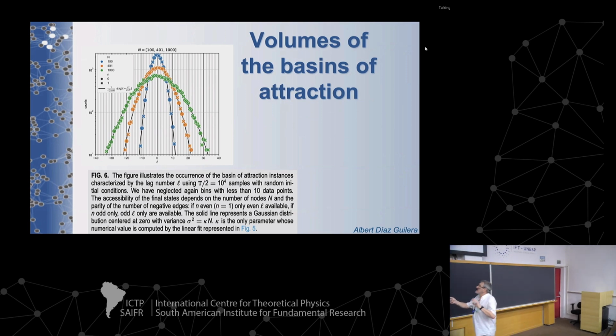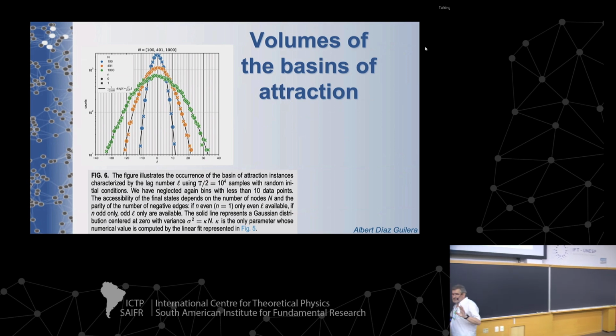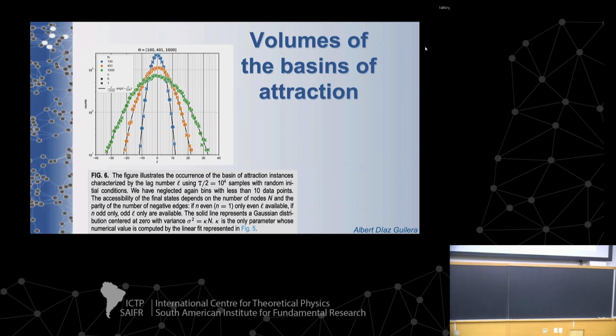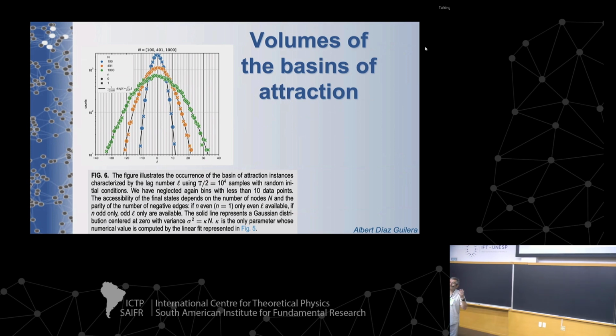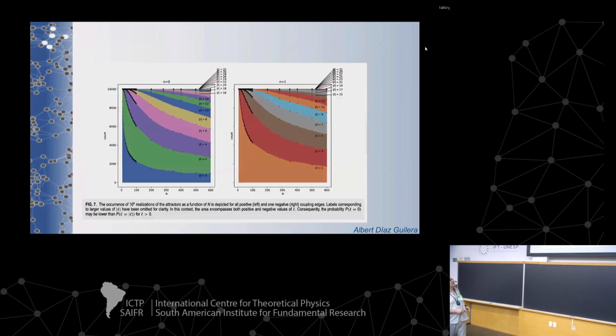In any case, it's very appealing to have just this distribution. Of course, we are not the first to find this, but what we did is show that even with a number of negative interactions, you can still get this.